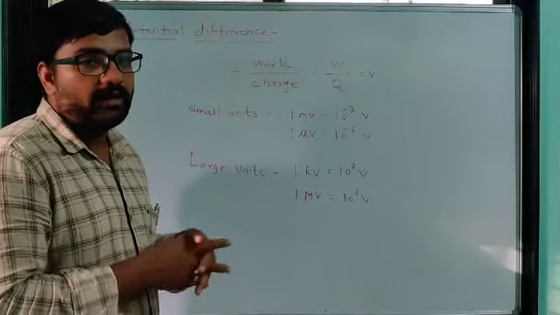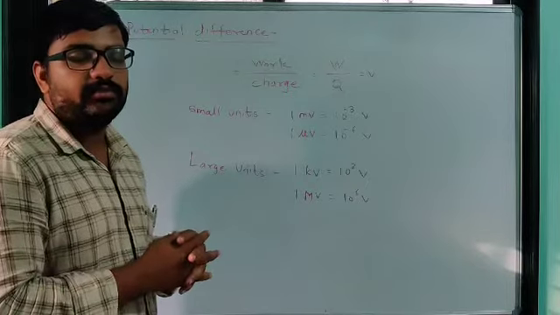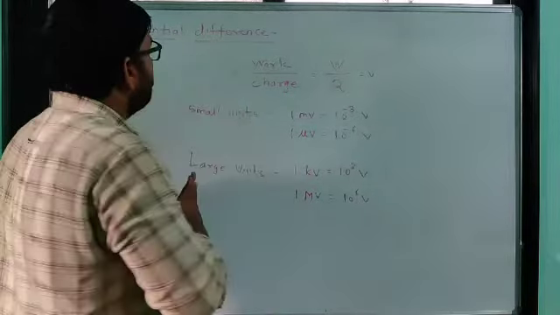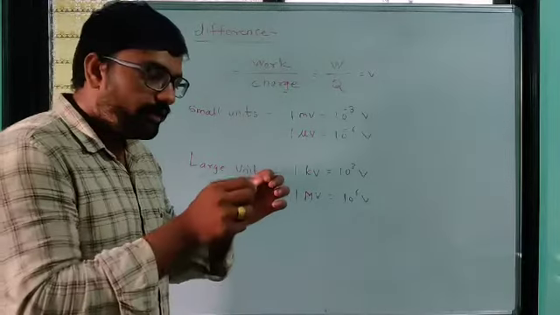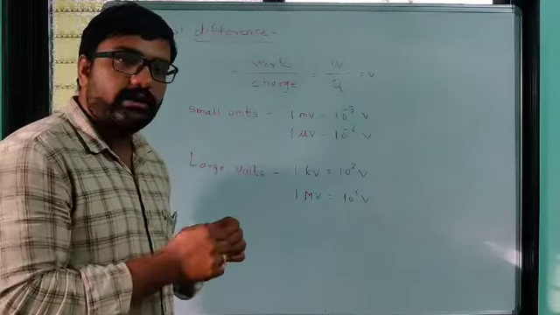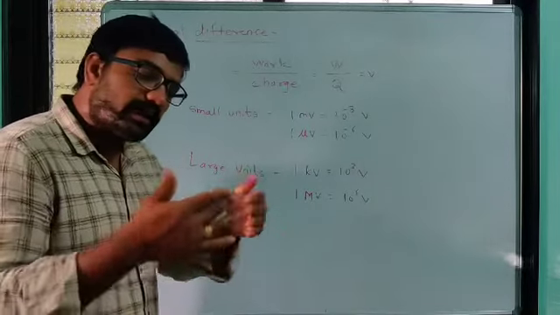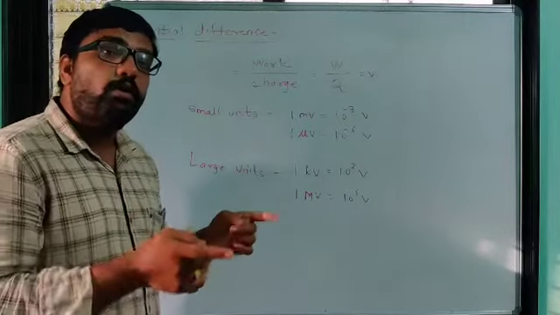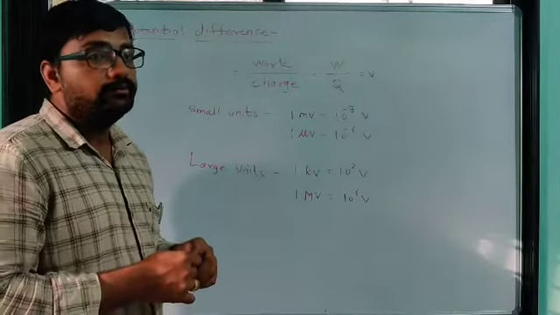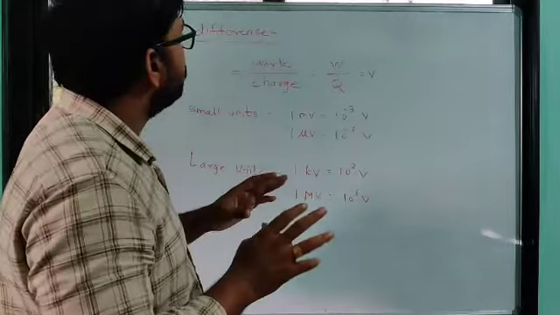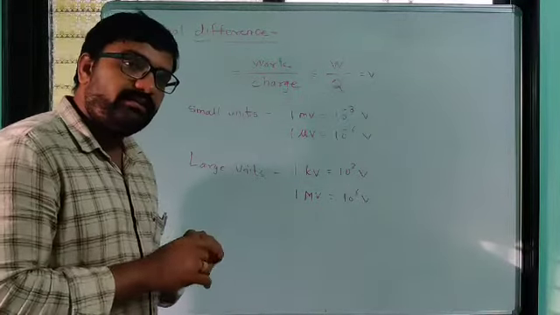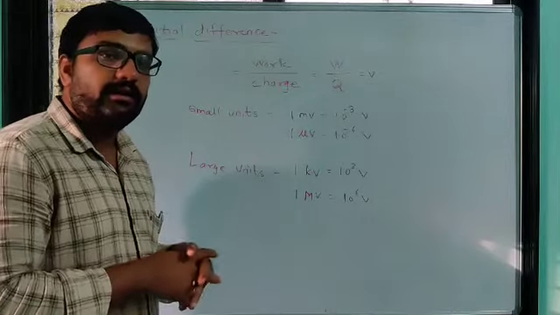Why does this transformation of charges take place? Simply due to the presence of electric potential difference between two points. Due to the electric potential difference, these charges are transferred from one point to another point. And that motion of negatively charged electrons is simply called an electric current.